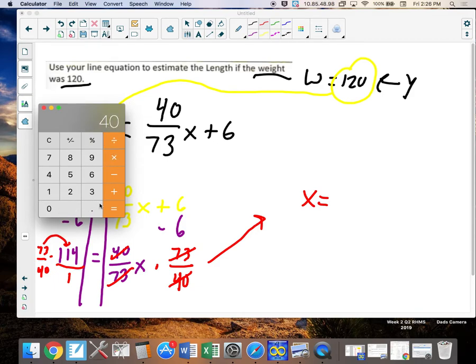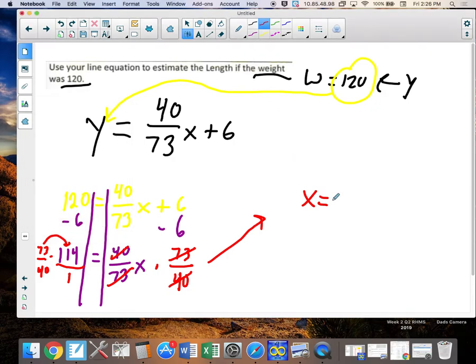Divide it by 40, we get 208.05. Since the decimal did end, I'm just going to write the whole decimal. So it's 208.05. So that was the length when weight was 120.